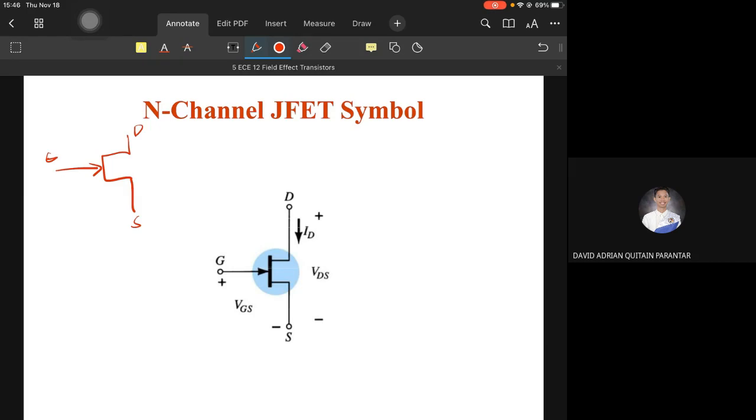The arrow is important because it determines if it is an N-channel or P-channel. The P-channel JFET, if I'm not mistaken, has the arrow pointing the other way. So earlier was the N-channel JFET.